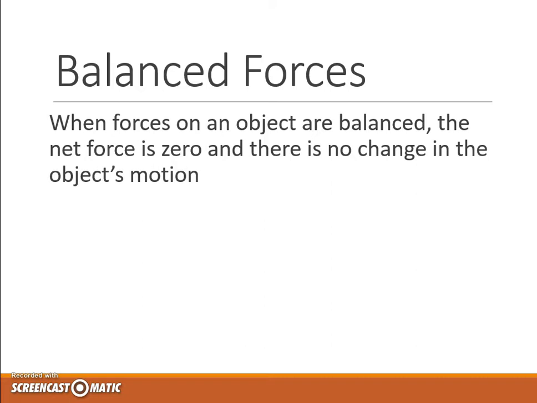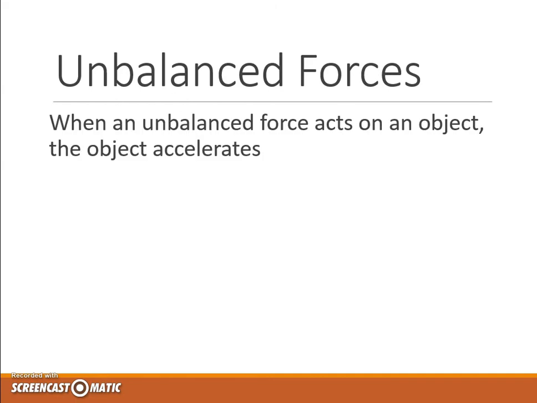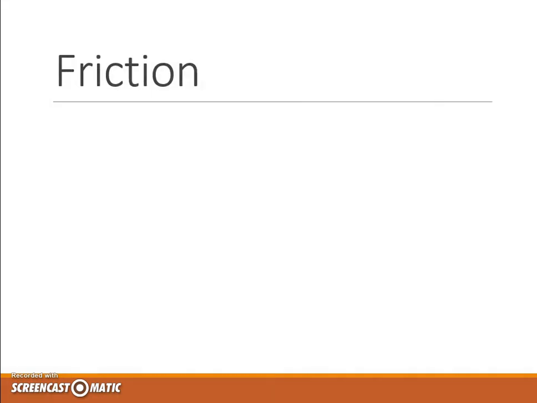It's not slowing down, it's not speeding up, but it is staying the same. Unbalanced is the opposite of that. That means there is movement happening here. And we'll talk a little bit more about unbalanced forces once we get to Section 2. So the object is actually accelerating or decelerating.